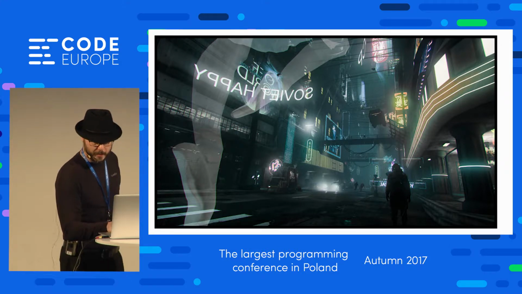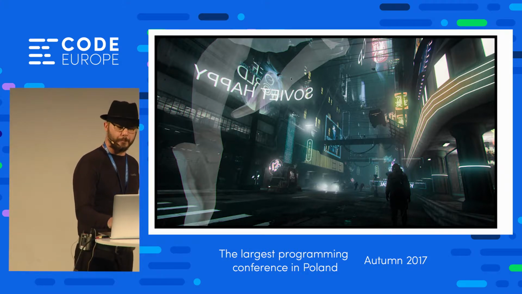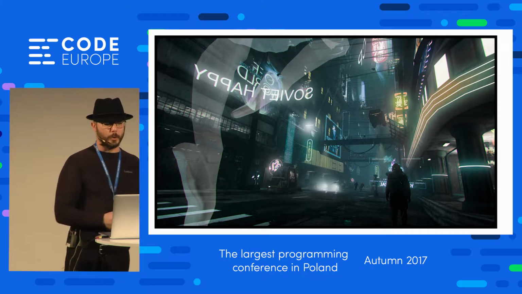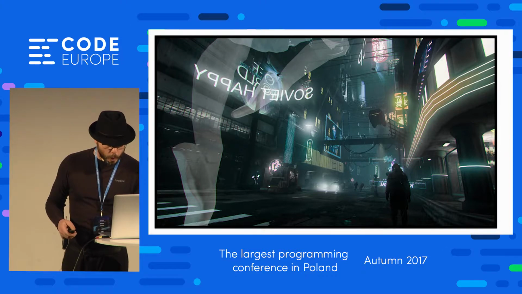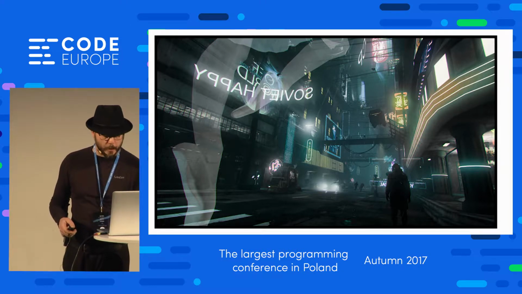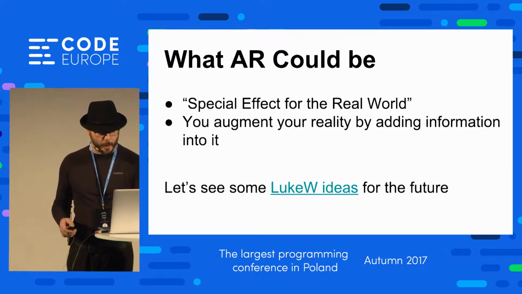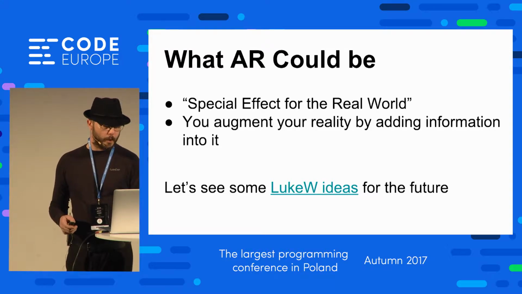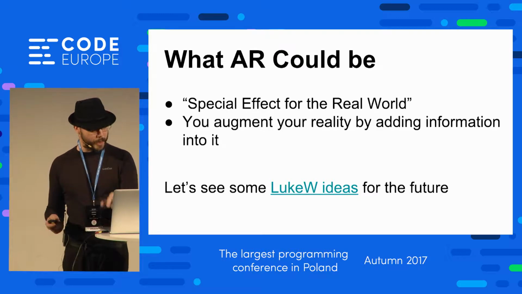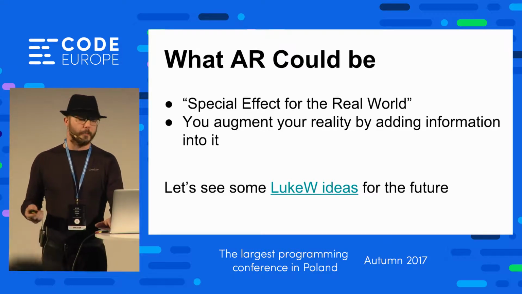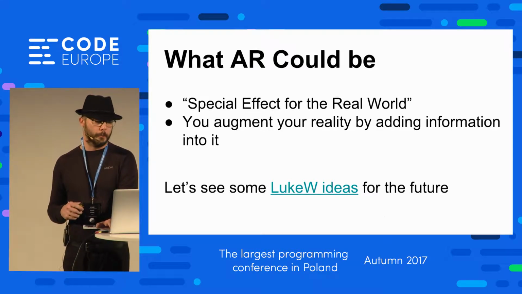I don't have any laser pointer, so I will use my mouse. Here you see big augmented reality characters on the actual, I think it's Ryan Gosling looking at the augmented reality. You got a real character looking at an augmented reality character.